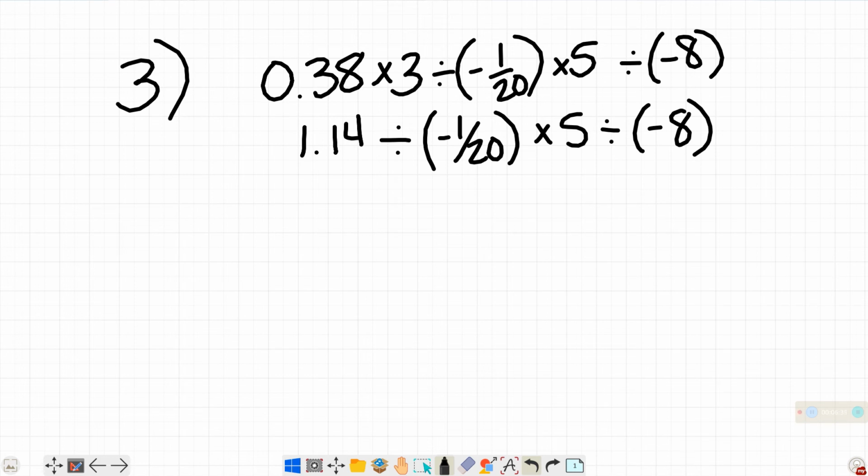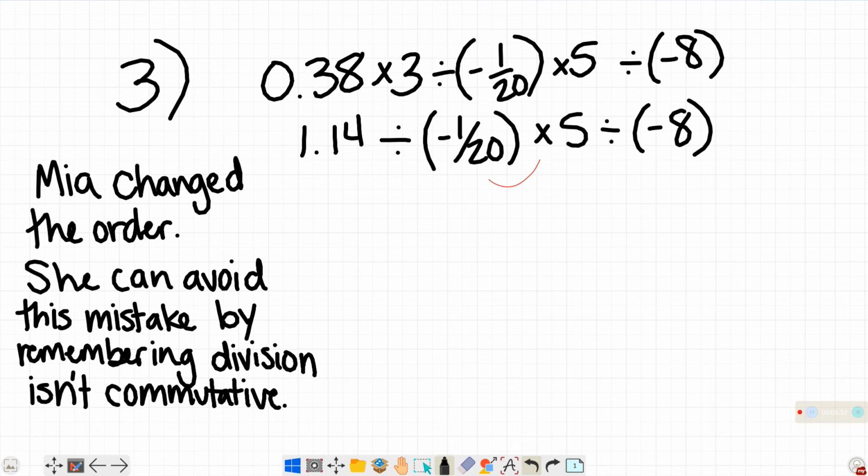One mistake that Mia makes is she doesn't go in order. She changes the order and she puts the 5 in front of the 1/20. We don't want to change the order because division is not commutative. Now we're going to move on to the next piece.